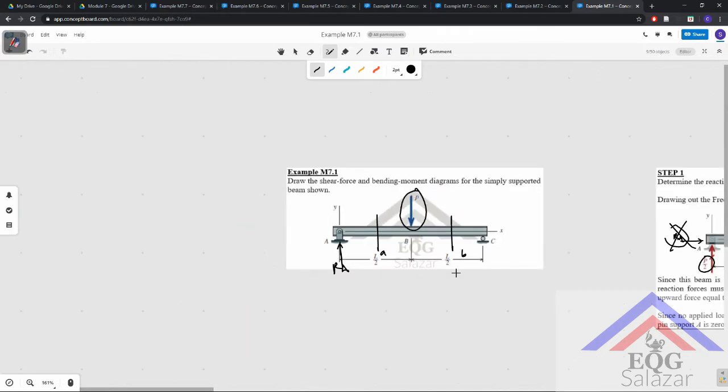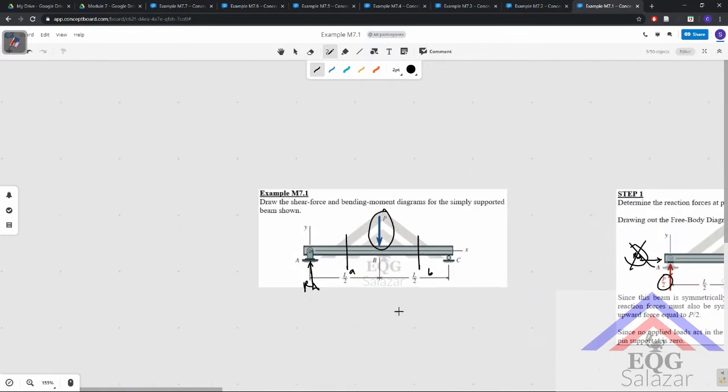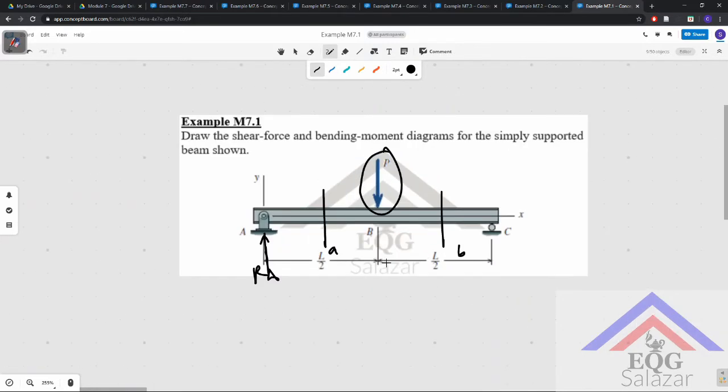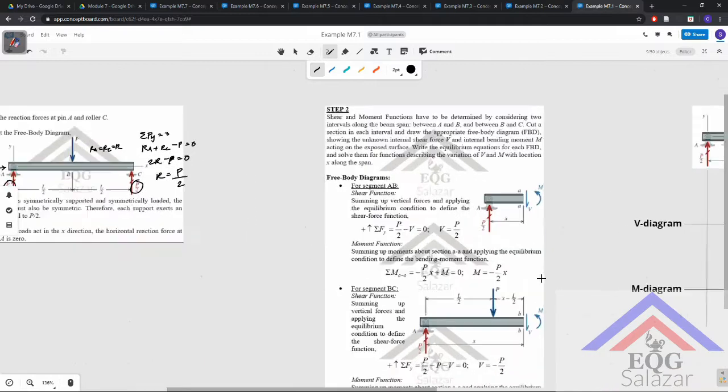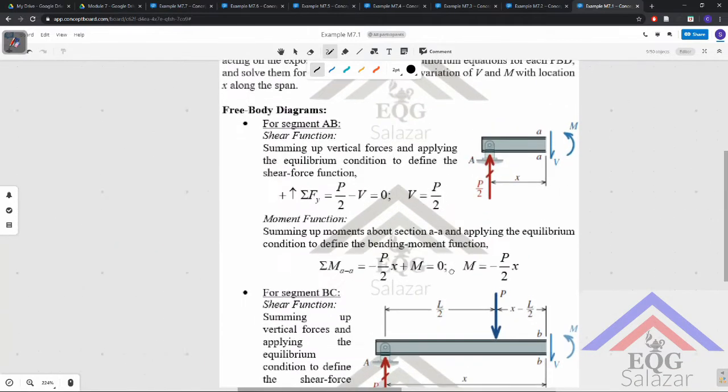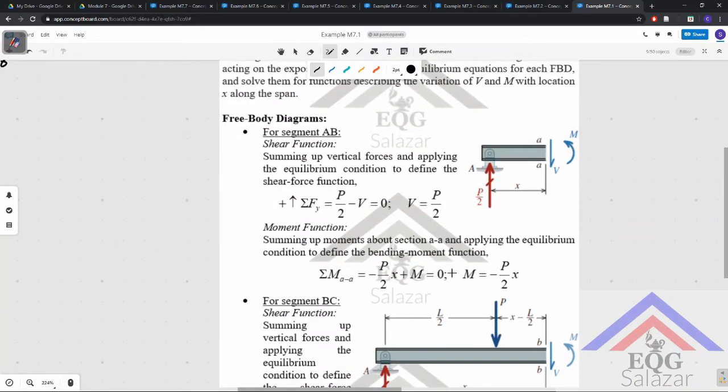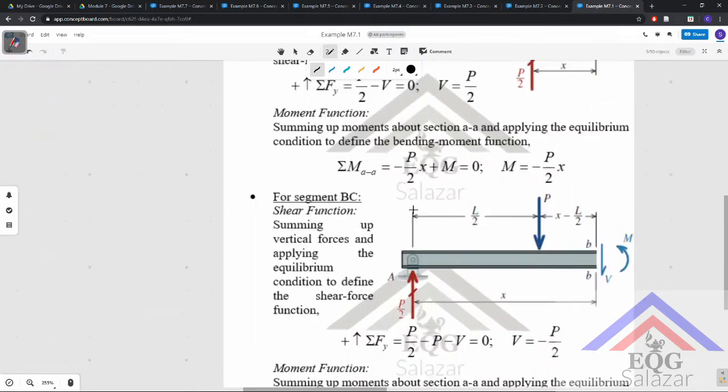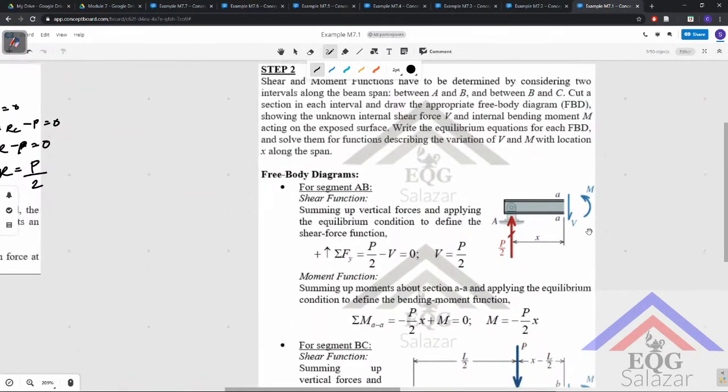They are not one and the same. And therefore, they have different shear and moment functions. Which explains why here in this free body diagram, we have segment AB and segment BC.